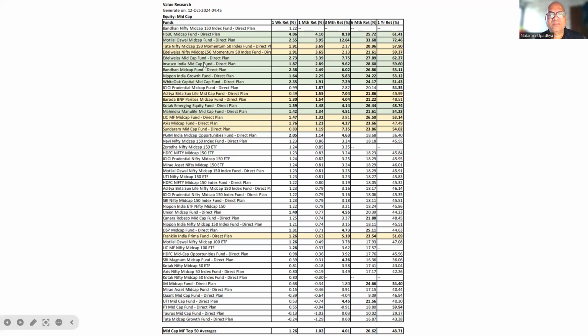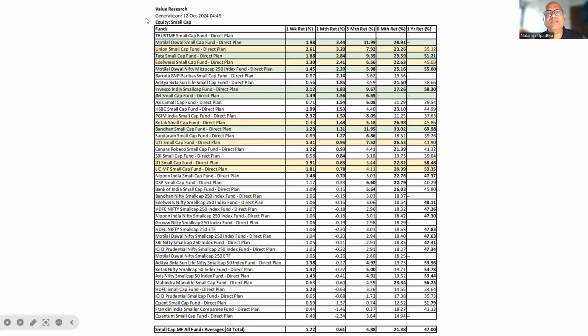That's all. So the overall mid cap funds, only top 50, gave 48.71% annually. And 1.26 for the week and 1.02 for the month. Okay, looking progressive.